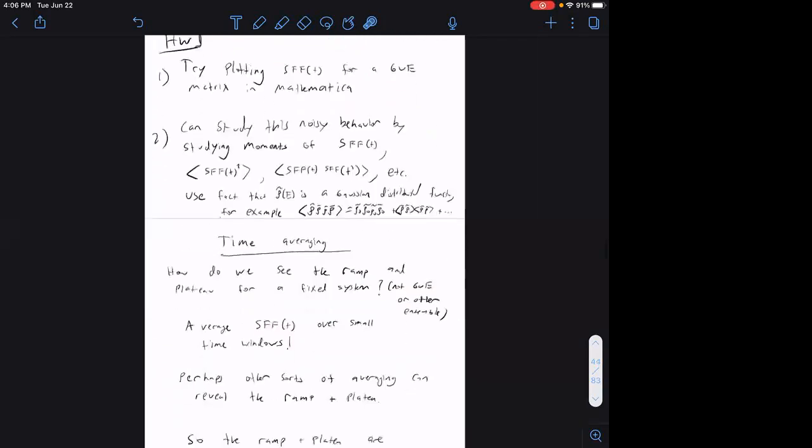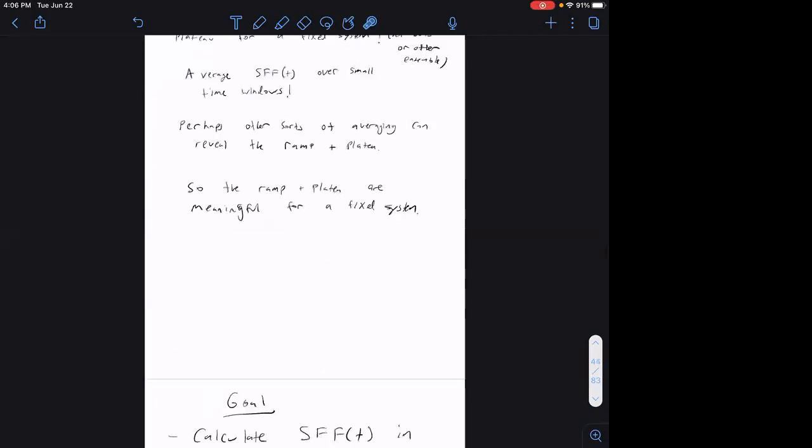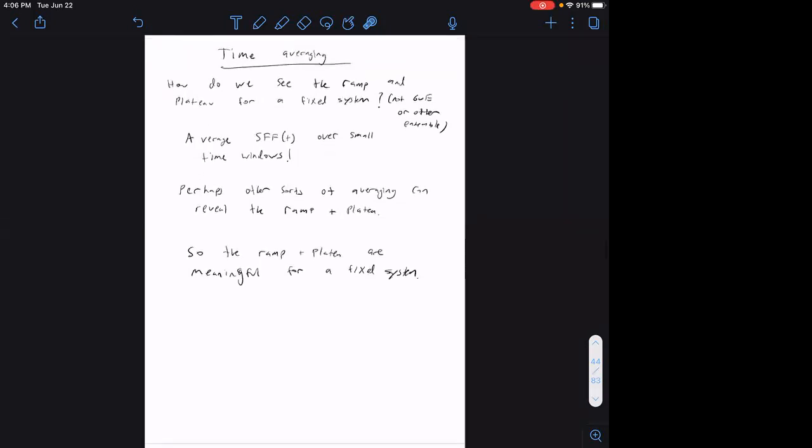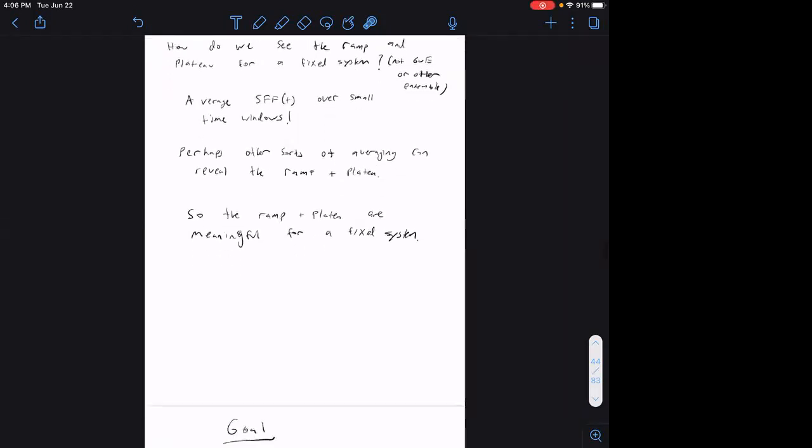Maybe in other systems, there are additional ways to average. You take a fixed system and you can average over time. Maybe you can average over some coupling constants or something like that. But there are various ways for even a fixed system to average out the noise in the spectral form factor and find this ramp and plateau. So we think these should be there in some sense, even for fixed Hamiltonian systems. So let's keep that in the back of our mind as we're trying to study the spectral form factor in gravity.